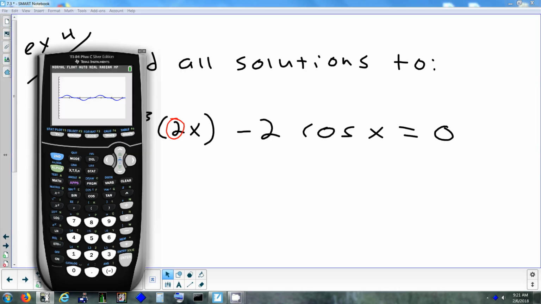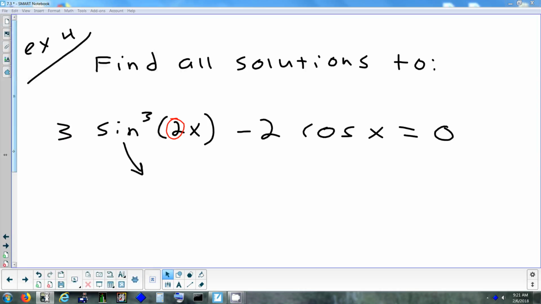Sam? Now we're seeing 2. So if from 0 to 2 pi, you're seeing 2 cycles, that means the period of this entire thing is pi. So cubing it didn't really change the period, right?